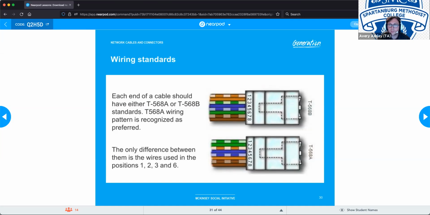So a big rule, it's always going to go white, solid, white, solid, white, solid, white, solid for both standards. So you know that you're at least going in semi-correct order. If you have your white and your color, then your solid color, your white and your color, solid color. The blue and the brown are going to stay the same for both standards.